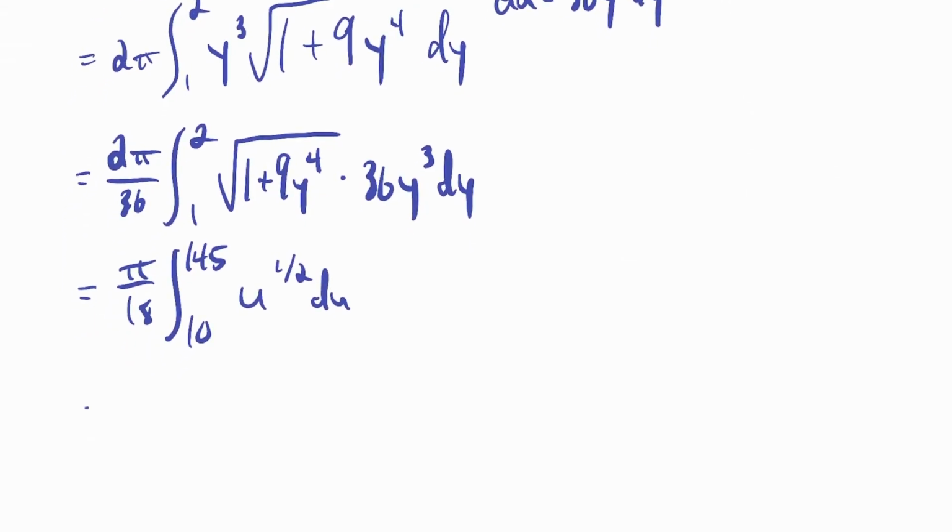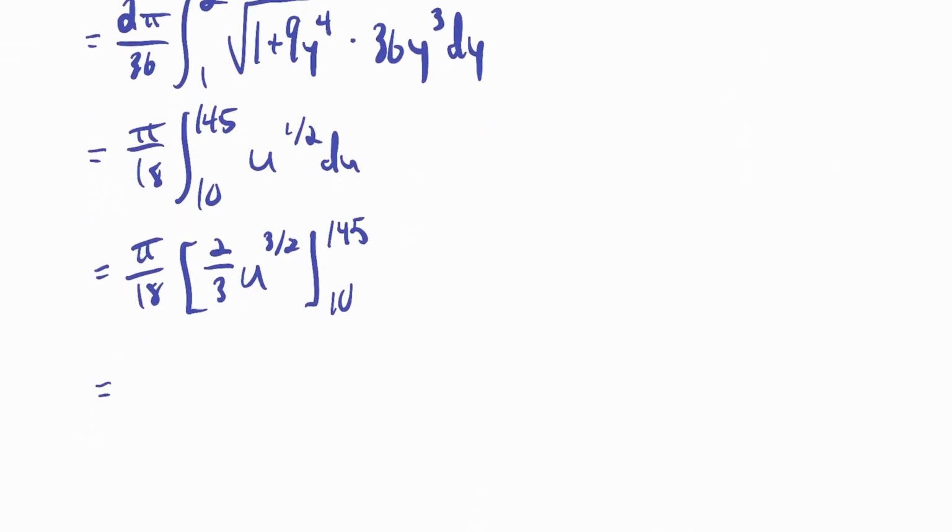Okay, so then this is pi over 18 times 2/3 u to the 3/2 power, evaluated at 10 and at 145. So we get pi over 18 times 2/3. You know what? Let's make that pi over 27 then.